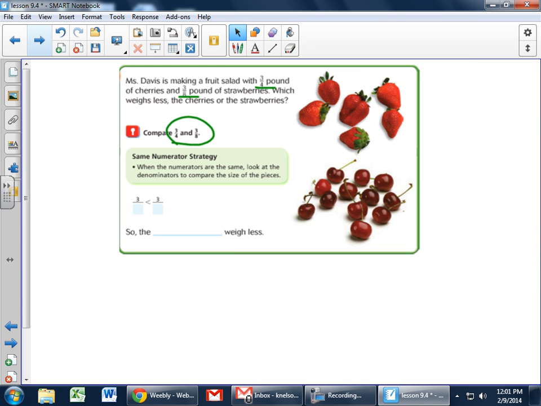So you're looking at the denominators of 4 and 8. They already put the sign in here. I didn't pay attention to that, so I started writing. So which one of those has a smaller denominator, which tells you it's going to have bigger pieces? 4 is smaller than 8. So the 3/4 is bigger, and so the one that weighs less is strawberries.